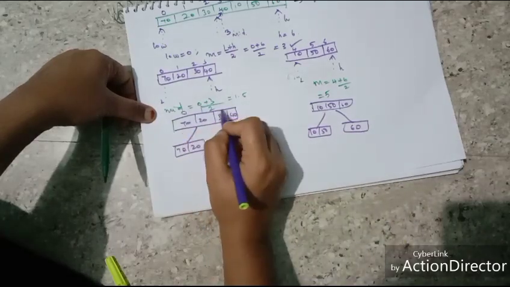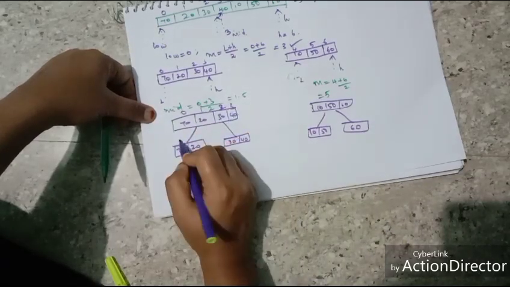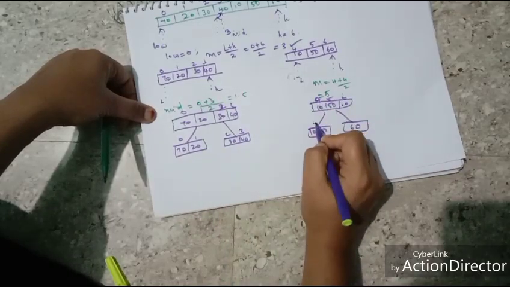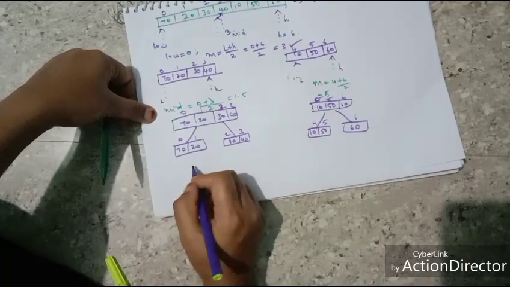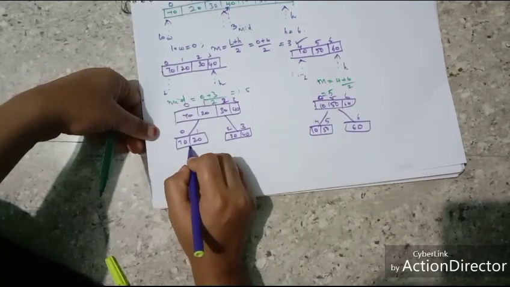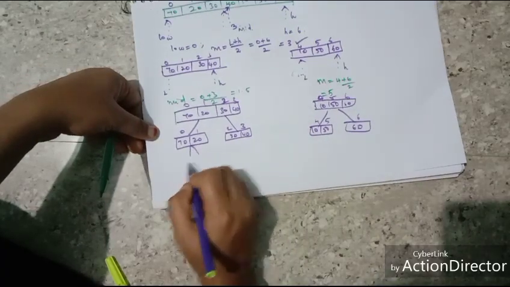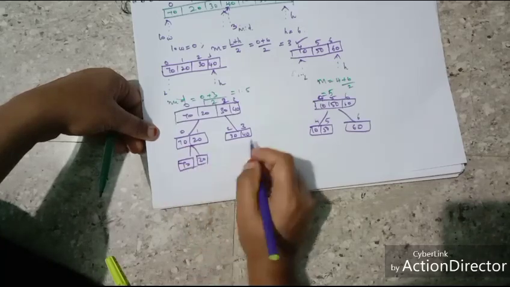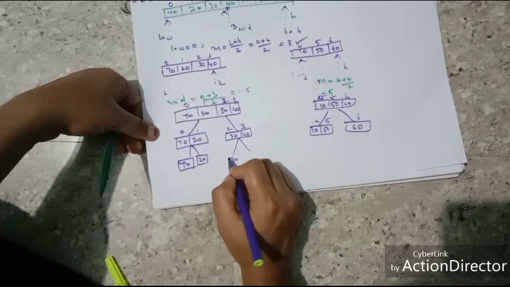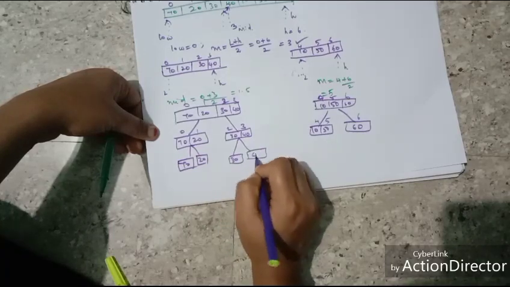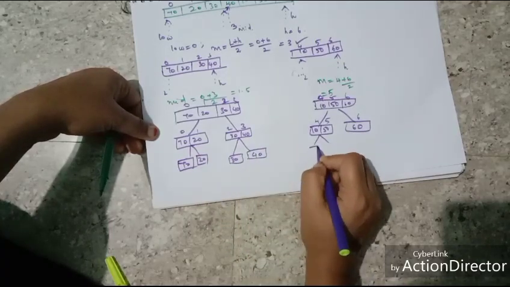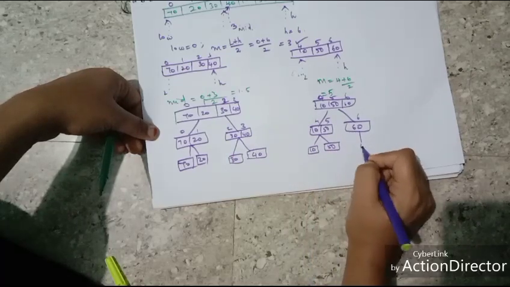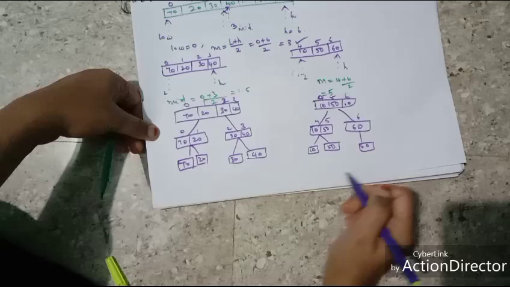Don't forget to write the array indices and sizes. Here again it is going to split, because we are following the divide and conquer method, so it splits from large to small cells. 10, 50 is already split, and then 60.